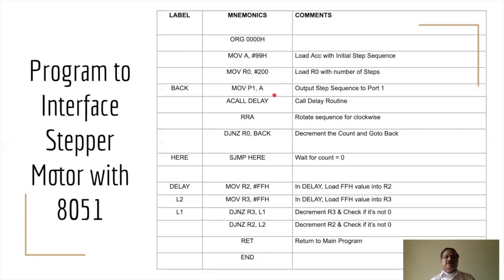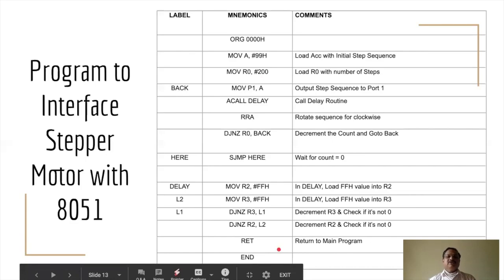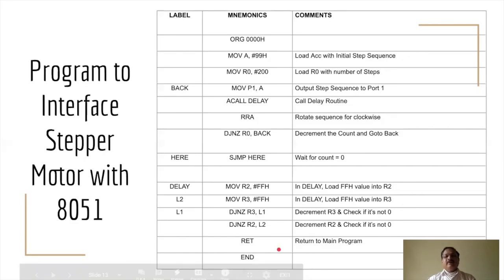In today's session, we discussed the construction of the stepper motor, applications of stepper motors, and interfacing. And finally, we discussed how to write the program to rotate the stepper motor. So, thank you.